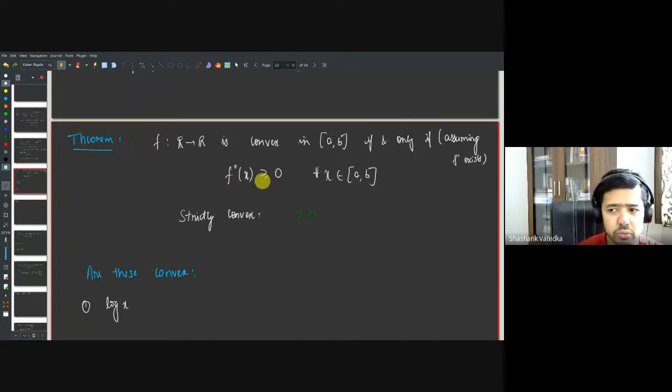Right? So assuming, of course, that both the first and the second derivatives exist. So if both derivatives exist, then it is convex if and only if the second derivative is greater than or equal to 0. Okay. I'm not going to prove this statement, but you can find the details in the lecture notes that I've posted on the web page.